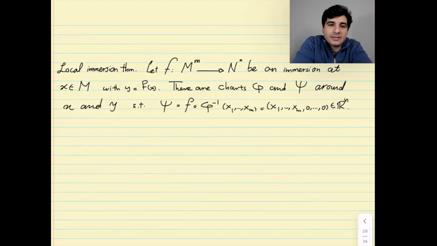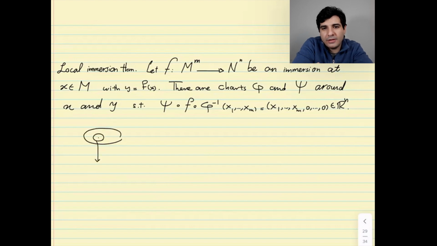Okay, let's go back to the local immersion theorem. We wanted to show that if we have an immersion from M to N, and it's an immersion at the point X, we can find charts phi and psi such that the description of f in these coordinates, which means psi of f of phi inverse, is given by this canonical form.